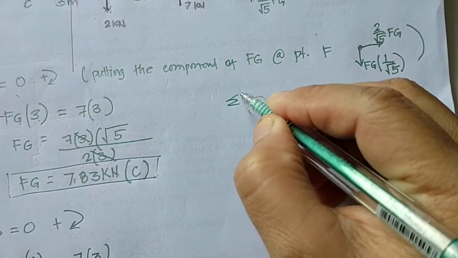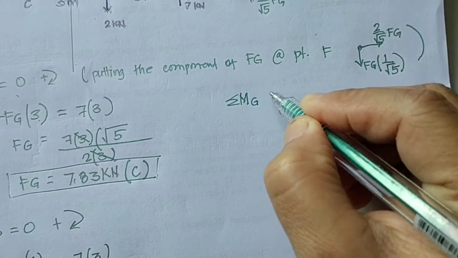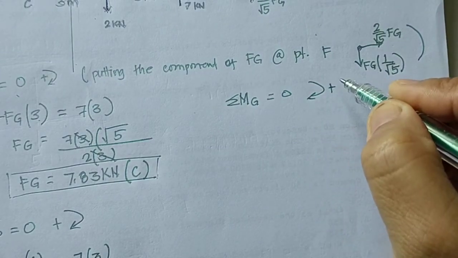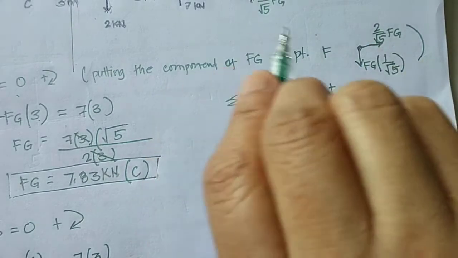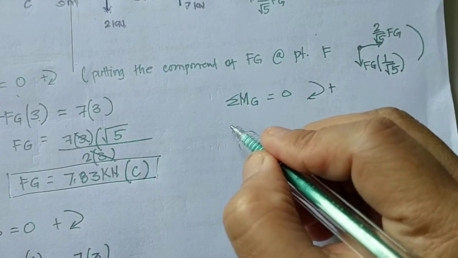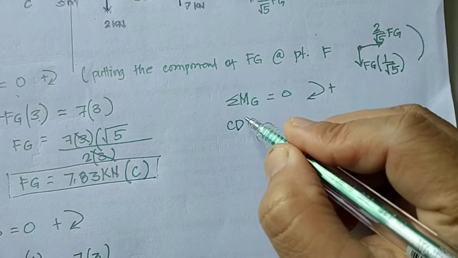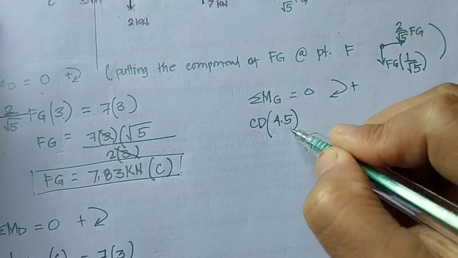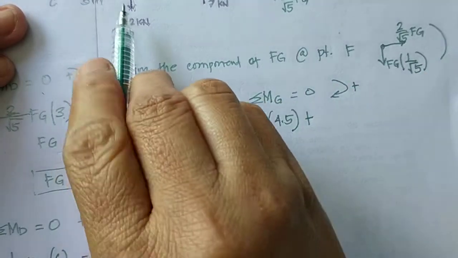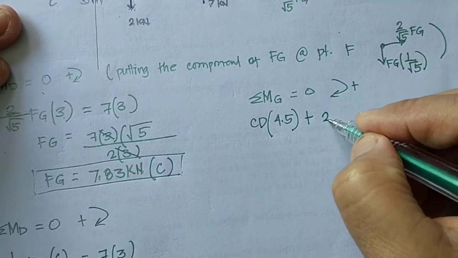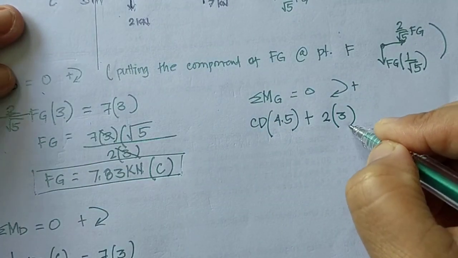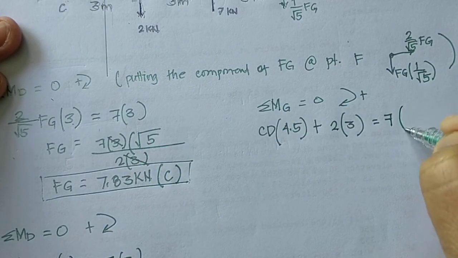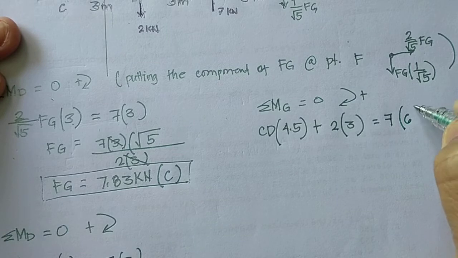So summation of moment at point G equals 0, counterclockwise moment positive. So CD is counterclockwise, multiplied by moment arm 4.5, plus 2 counterclockwise multiplied by 3 moment arm, then clockwise 7 multiplied by 6.